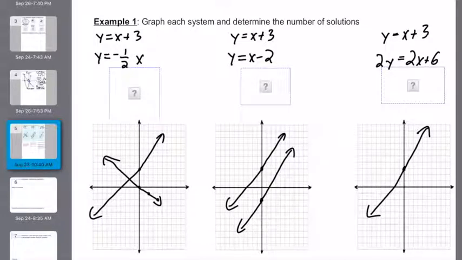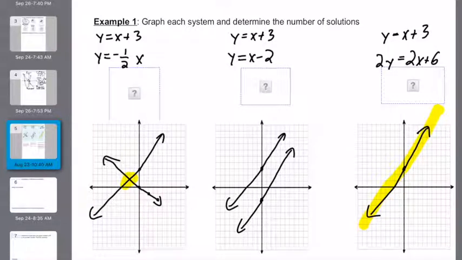Awesome, so hopefully you got the same as I did for these graphs, again considering which values in our equations are our y-intercepts and which are our slopes. We end up seeing we have one solution here, no solutions in that second one, and both equations create lines on top of each other for this last one, meaning we have infinite solutions.